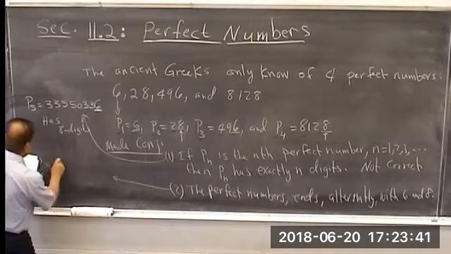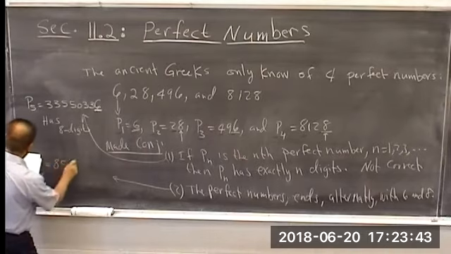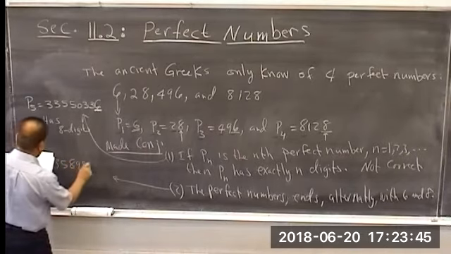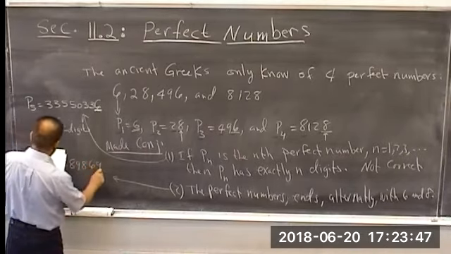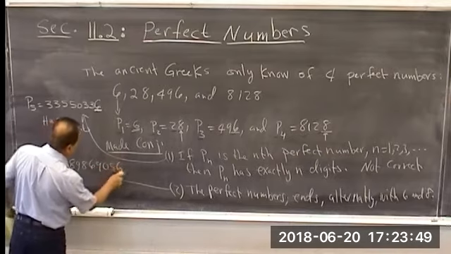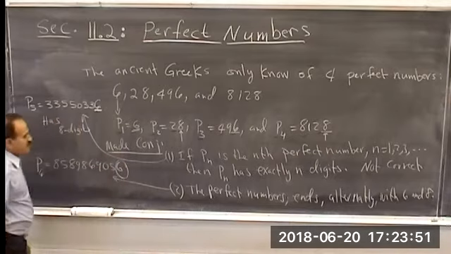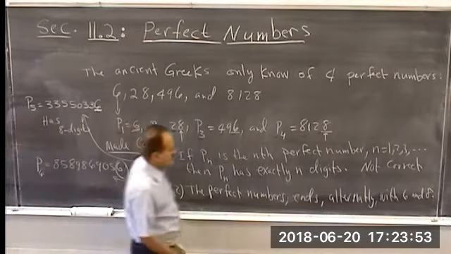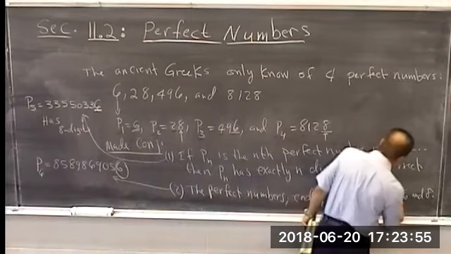This number is 8,589,869,056. So it ends in 6, not 8. So this conjecture is also not correct.